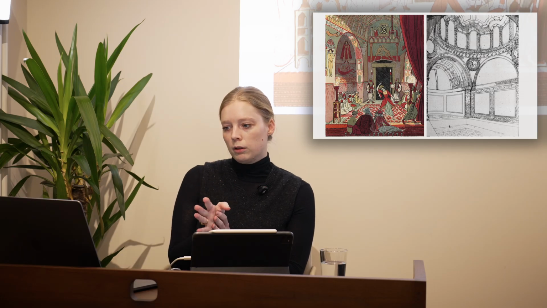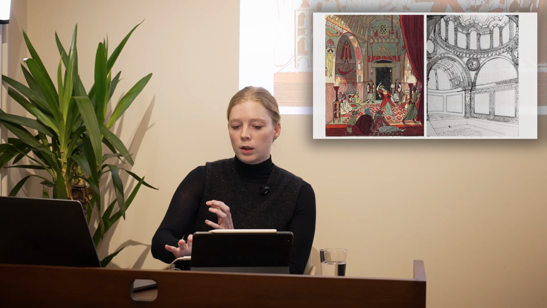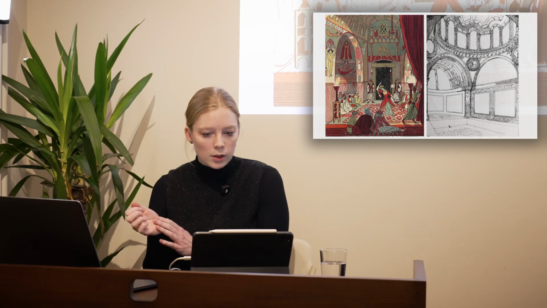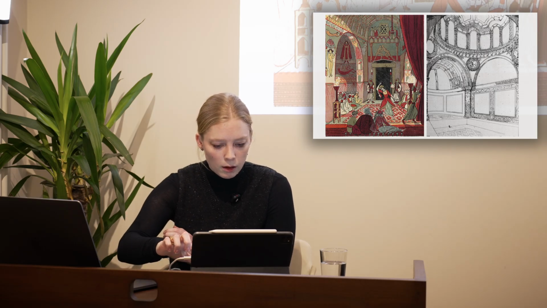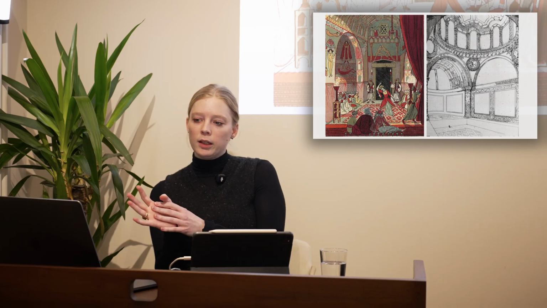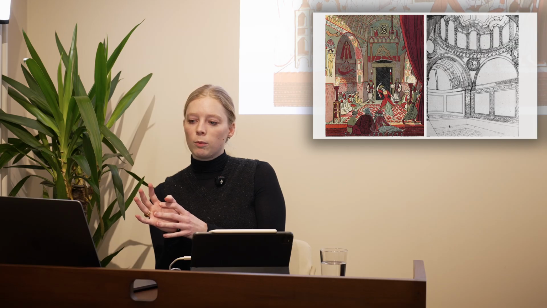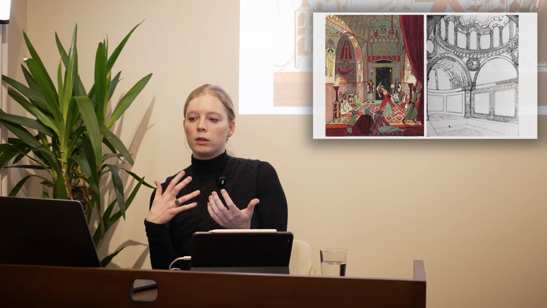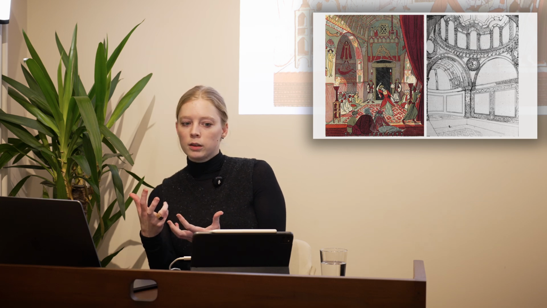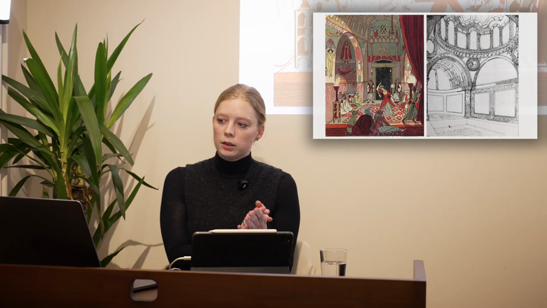And then on the left is this fantastical depiction from a story that was written by, I'm blanking on his name, but the fantastical depiction is in some ways more evocative of what the space might have been like, even if it's not as historically accurate.